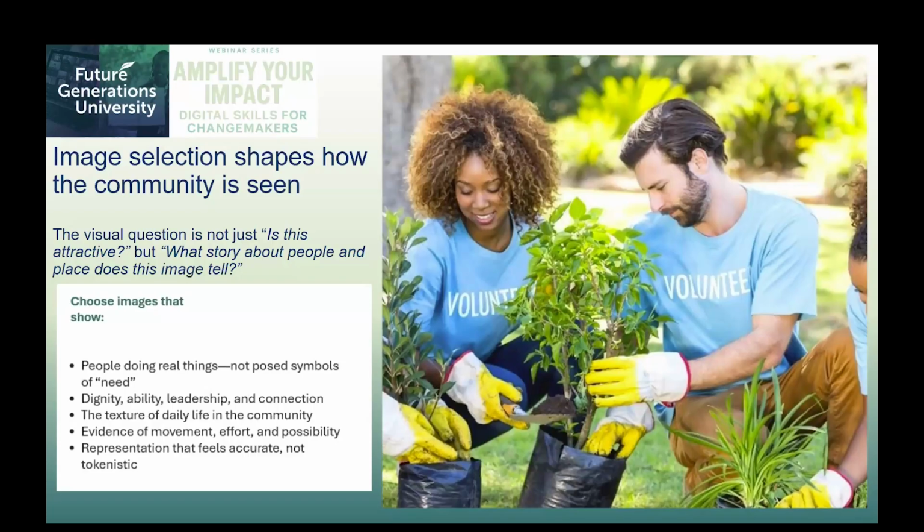A picture is worth 1,000 words, absolutely. But there are graphs, there are infographics, there are different ways that we can depict what is happening in our community with charts, with video, with all different kinds of technology that we have in 2026. So you don't have to just use an image.